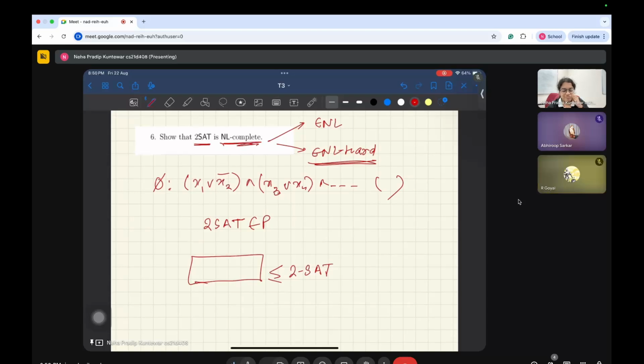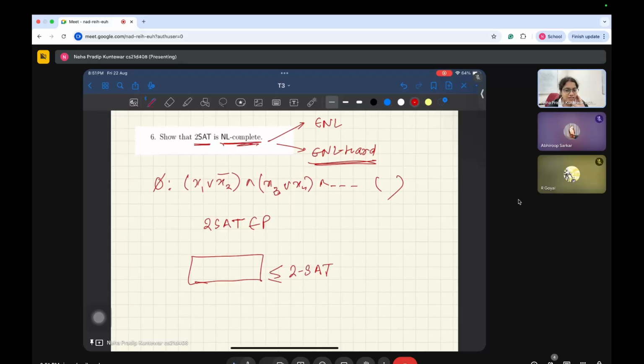I don't know how to convince you exactly, but here is one argument why such a thing should not be possible. Let's go back to the NP world, where we had some problems that we knew are NP-complete, for example 3-SAT, vertex cover and so on.